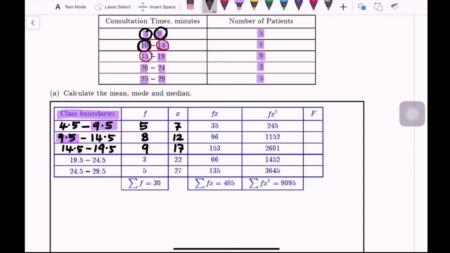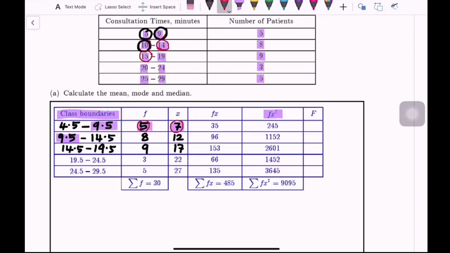For the next column, we find fx. fx means frequency multiplied by class mark. So we have as given. For the next column, we create fx squared. fx squared means we square the class mark, the value of x, then multiply by the frequency f. So here we get as given.